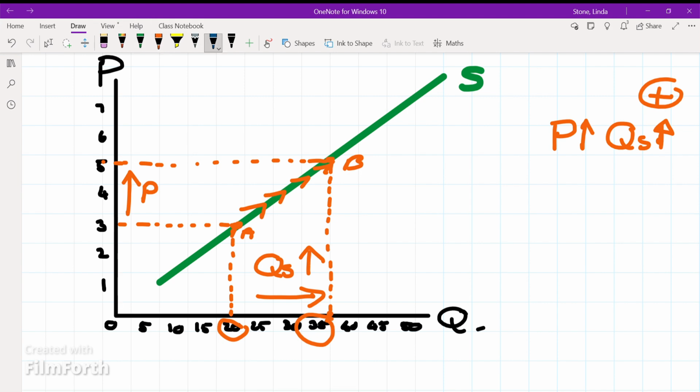Now, let's say the opposite happens. If my price was 5 Rand and it decreased to 3 Rand, the price decreases, then we move from point B to point A. So there is a downwards movement along the curve. So we're initially at 5 Rand.